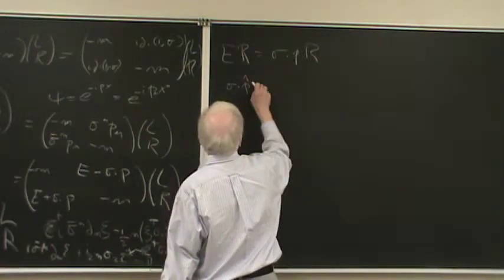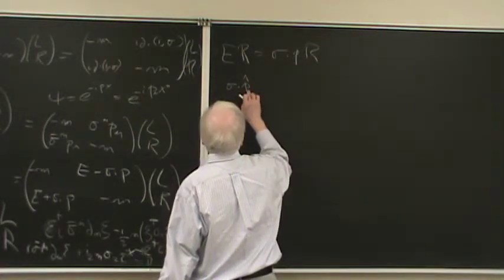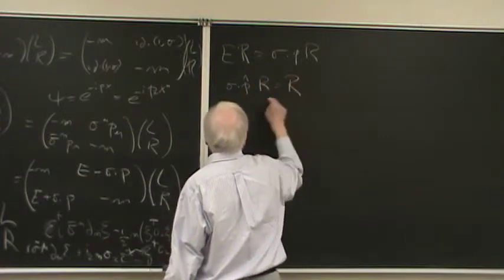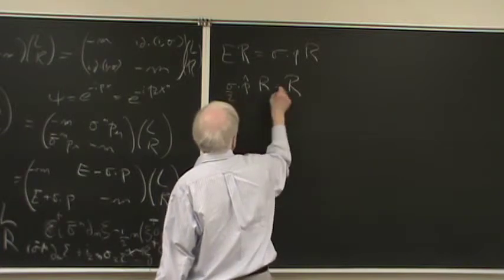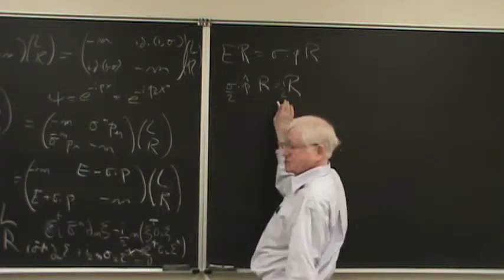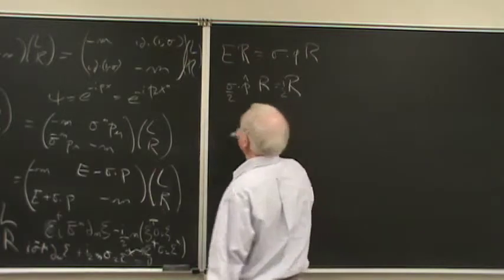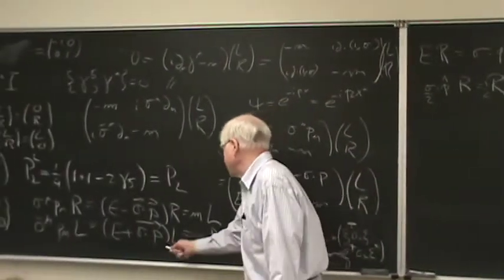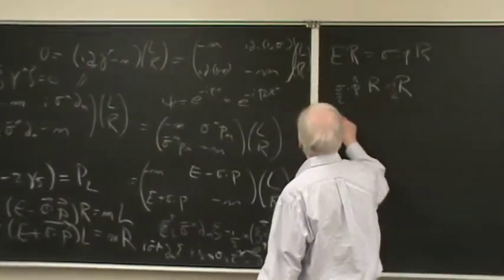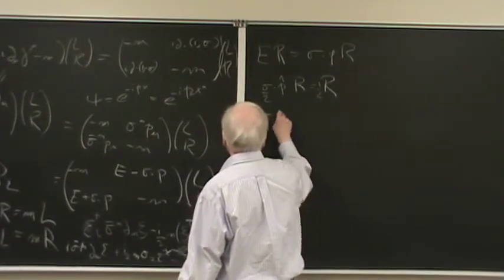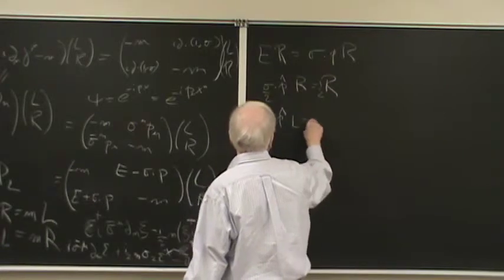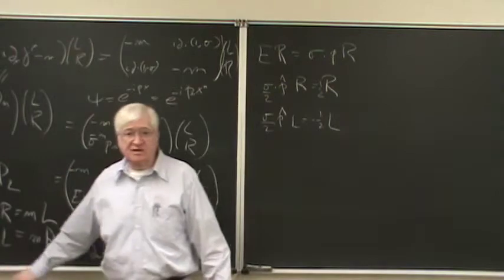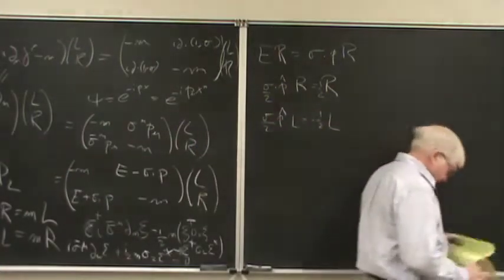This then says sigma dot p on R is equal to R. And if we divide by 2, then it's a half R. So this means you have positive velocity for right-handed, and on the other hand, from this part, you would have sigma dot p hat over 2 left is minus a half left, setting m equals 0 in this equation.